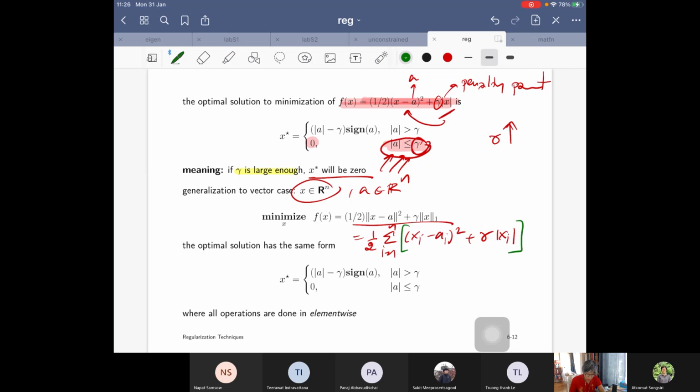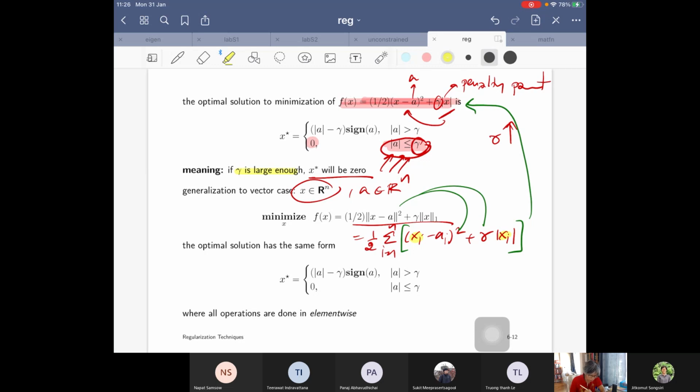So when you just express it as a sum, you will see that this is nothing but the same form as the scalar problem we saw before, right? So you can just minimize according to xi separately, because this sum is separable in all xi.